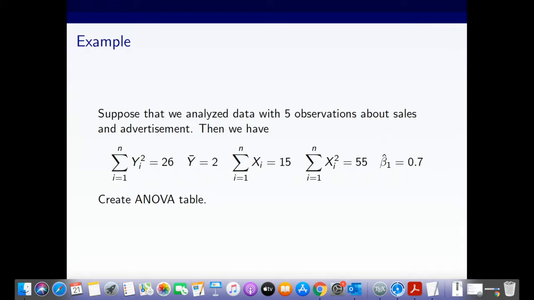Then let's create the ANOVA table. To create the ANOVA table, we have to calculate the inputs for the SSR and the SSE.